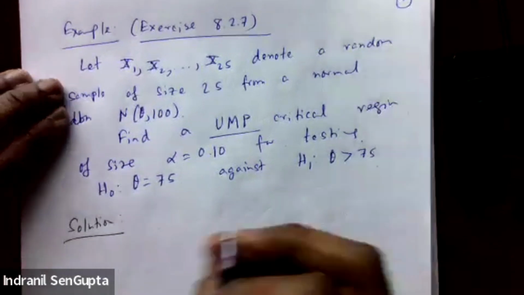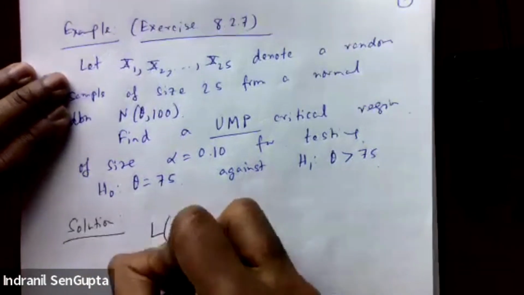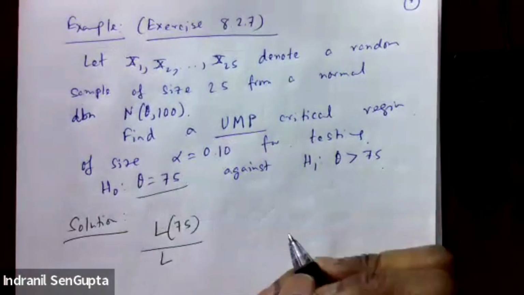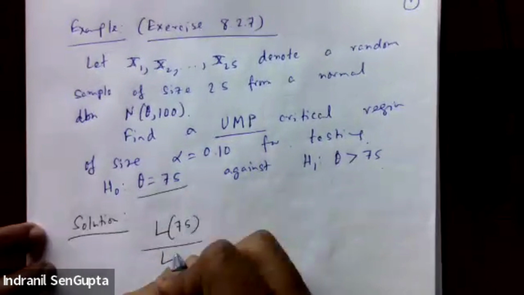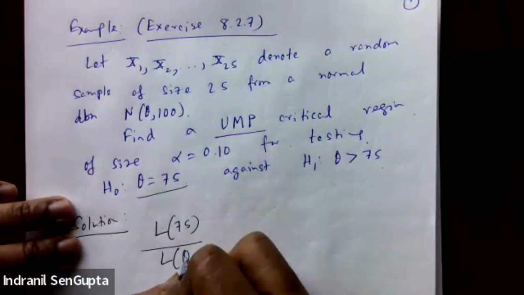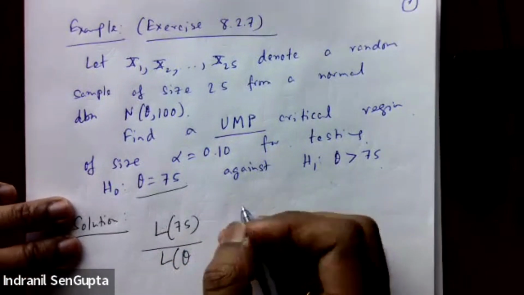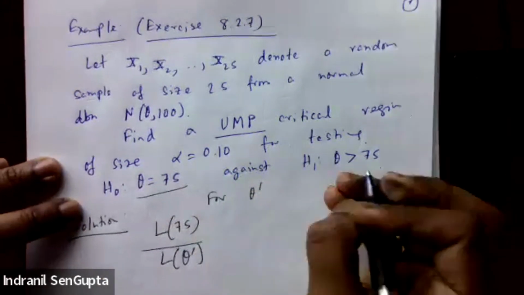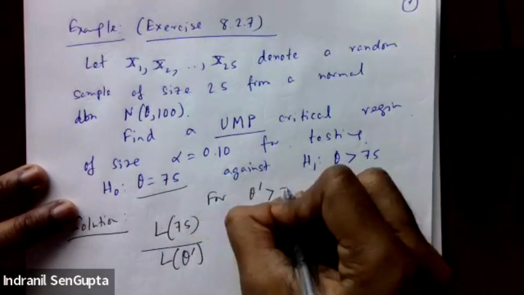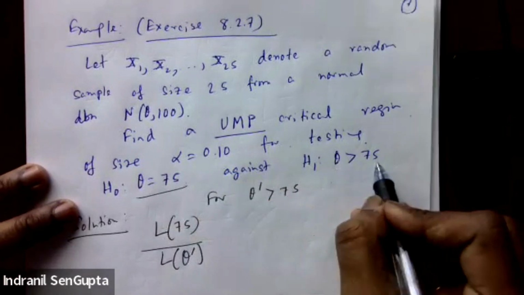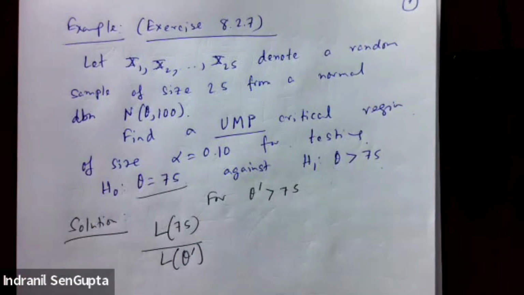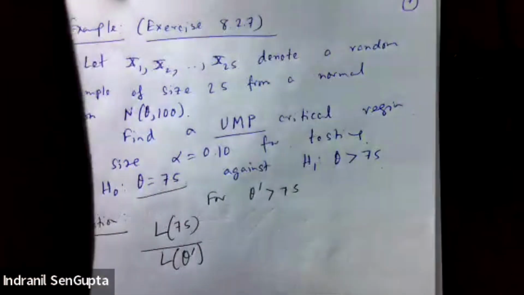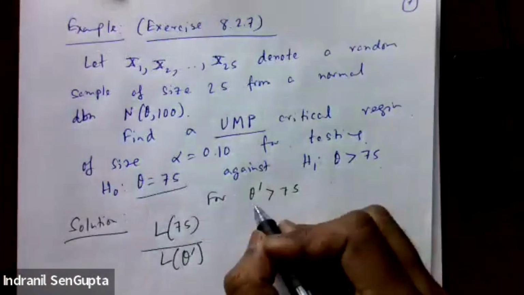So let's compute, say, L of 75 over the L of theta, for theta prime bigger than 75. So I'm choosing a particular value of theta so that it's bigger than 75, and I'm calling that particular value theta prime.